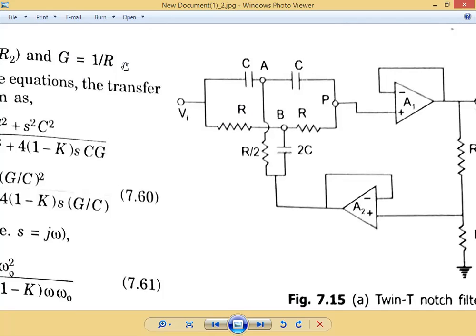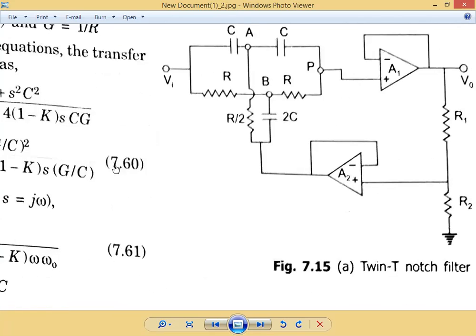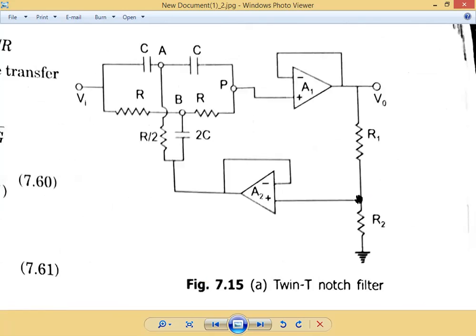So G is equal to 1 by R. Using these two, we write the equation: the factor K, which is equal to R2 by R1 plus R2, into this voltage.